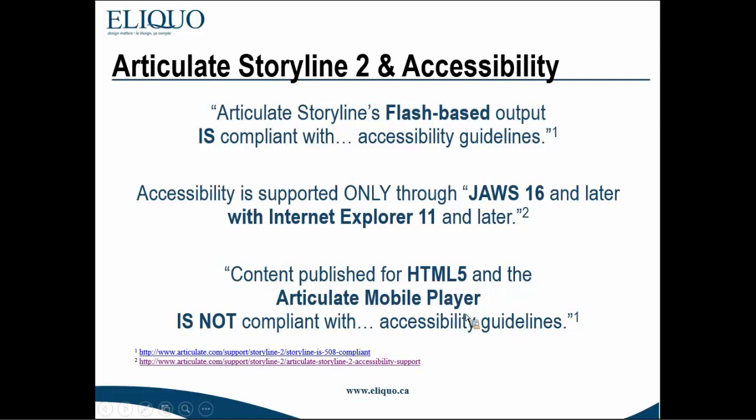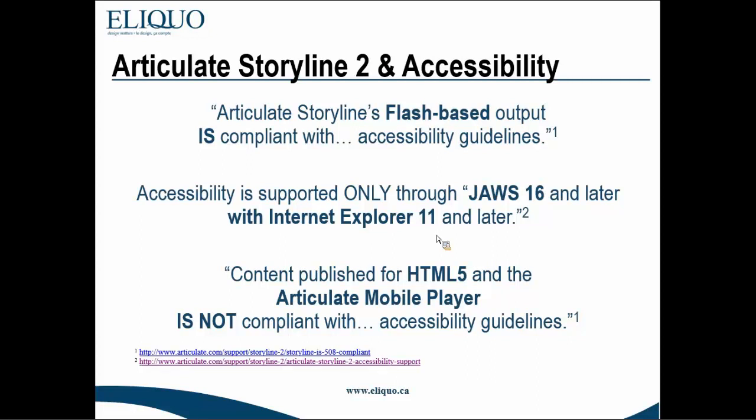And another caveat, you've probably already read this, is that the accessibility for Articulate Storyline is only supported through JAWS 16 and later when using Internet Explorer 11 and later. That means NVDA and Window-Eyes are not supported.